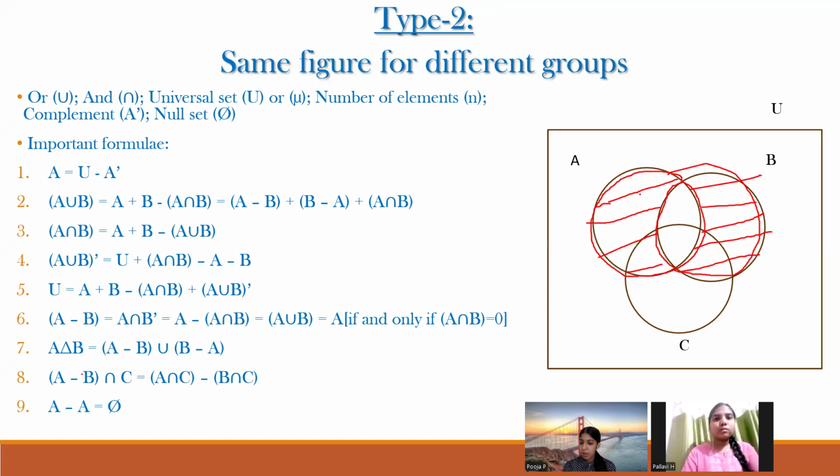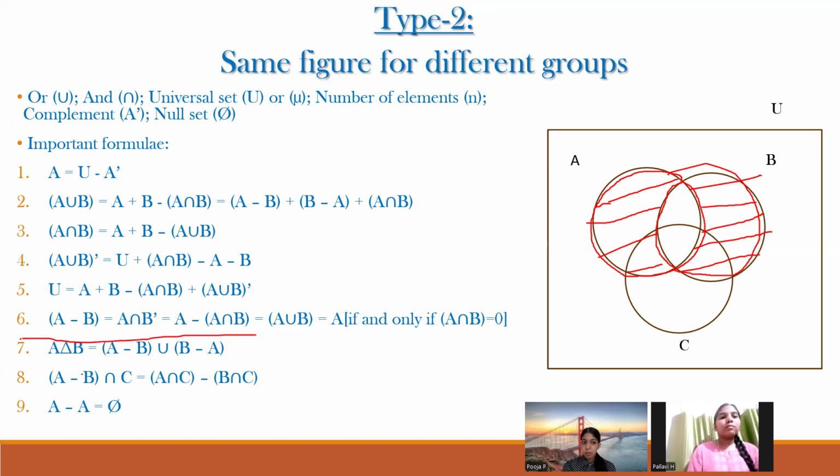Did you understand how A symmetric difference B looks? A minus B means elements which belong to only A and not B. Union B minus A is the elements present only in B but not in A. That is exactly how this formula has come in.